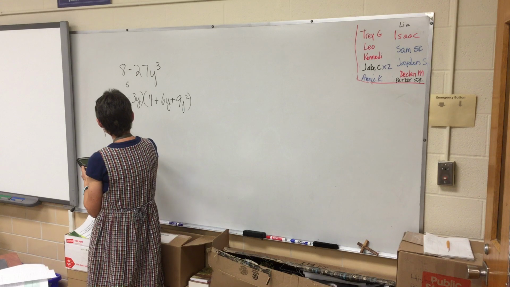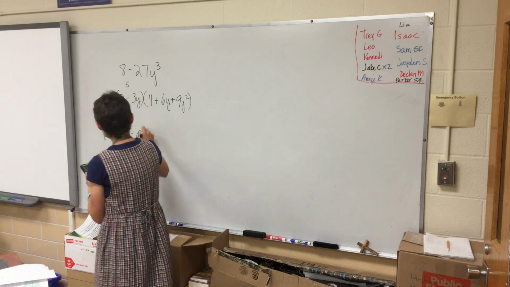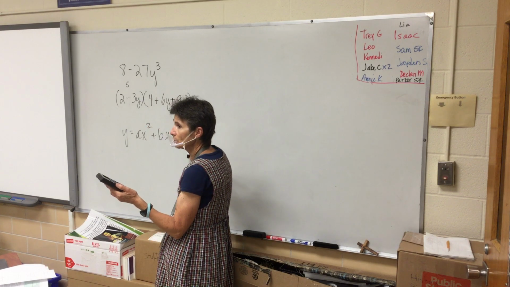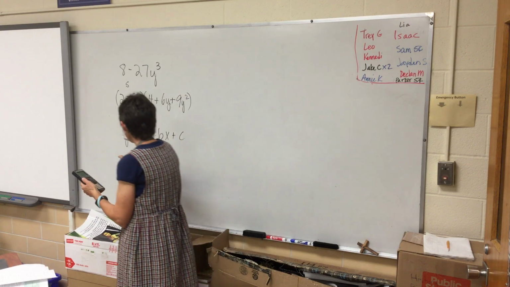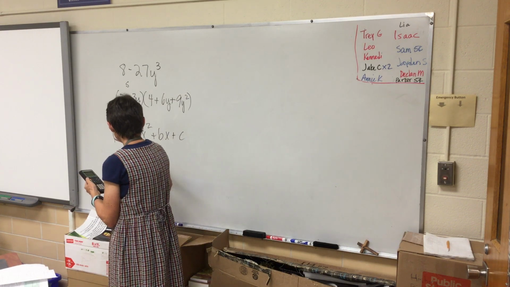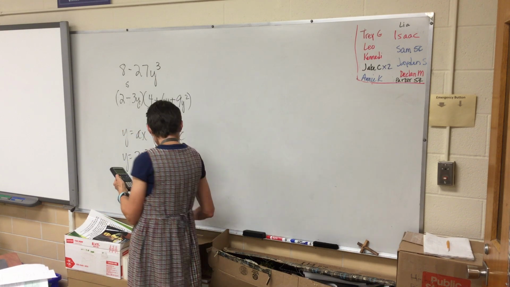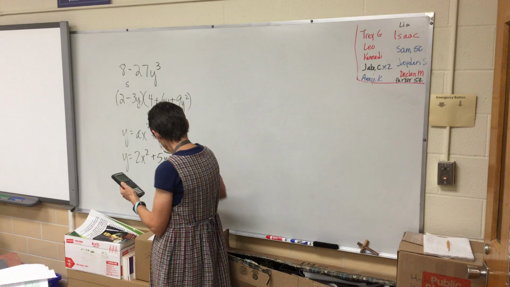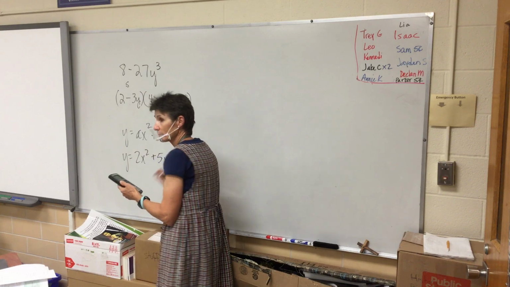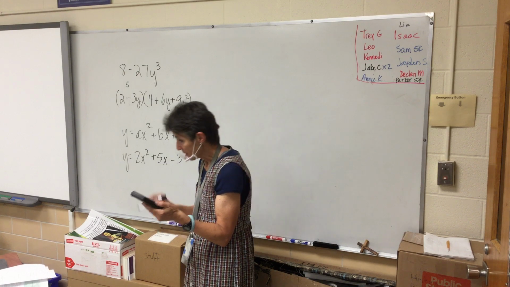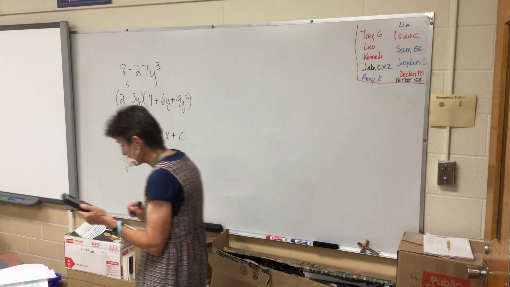And the nice thing about your calculators, they set the equation up for you. They say, this is what your equation is going to look like. And your A is going to be 2, and your B is going to be 5, and your C is -3. Right? So that's the equation right there.